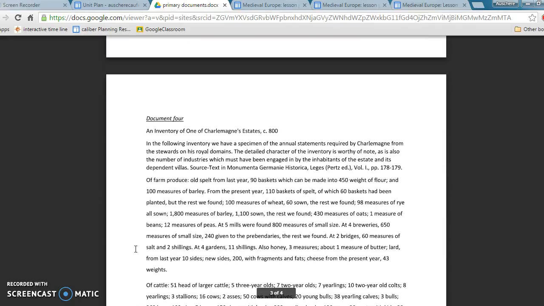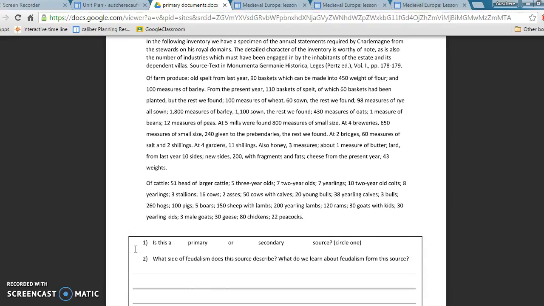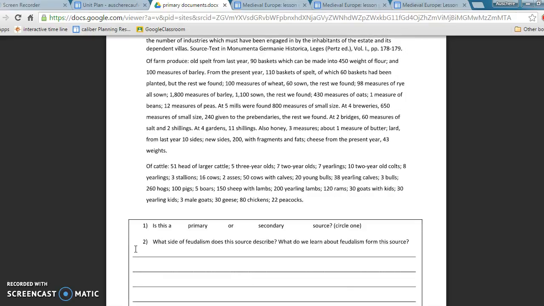The next day, so lesson 8, we're going over these primary source documents, which is just a very detailed kind of inventory of one of Charlemagne's estates. What I'm hoping we get at with this is like, look at how productive a manor could actually be. Like, look at all of these things, like a very economic side to feudalism.